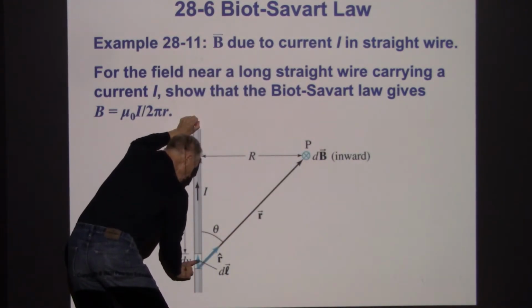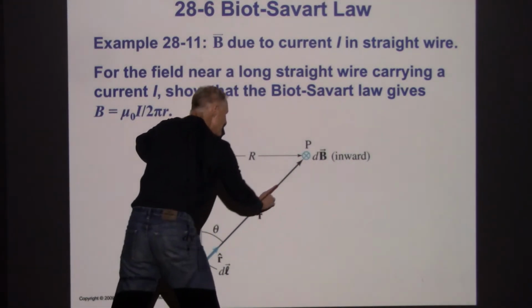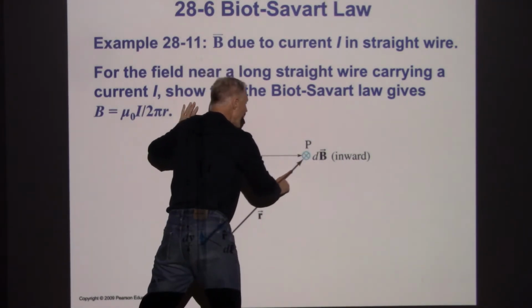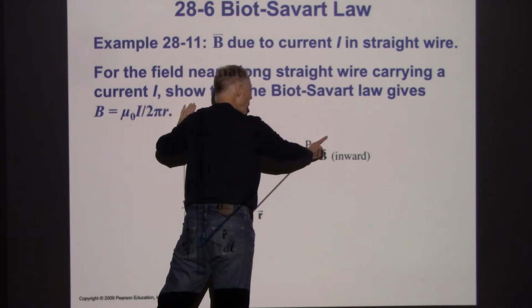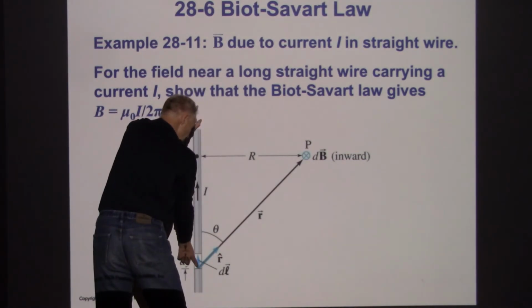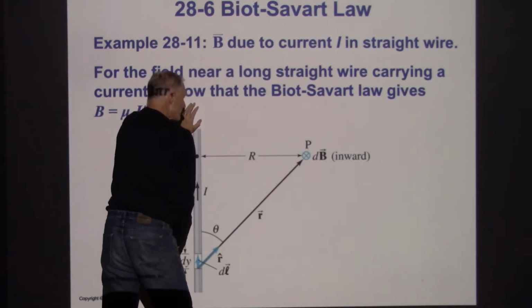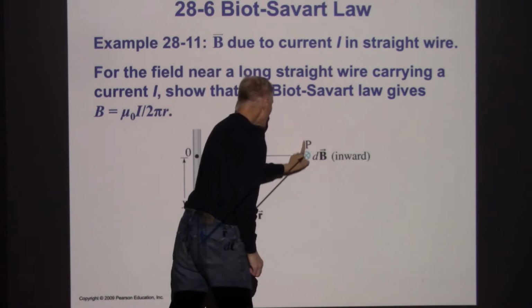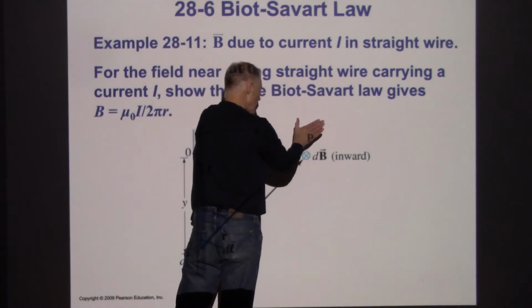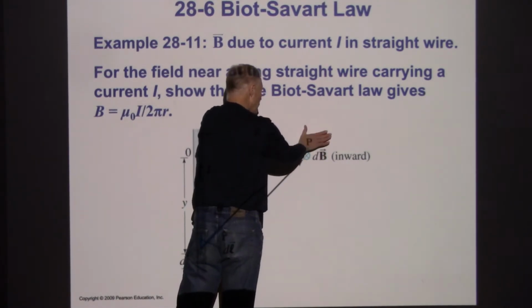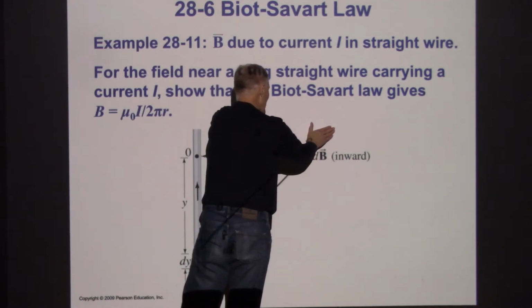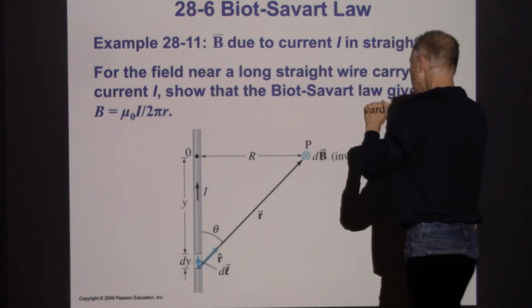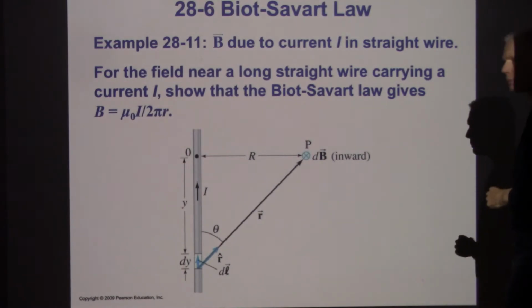So the charge is here. R takes us out to some point, and the unit vector is pointing away from the source, from the little bit of current. And then the velocity of that current is here, so I do a right-hand rule with velocity and radial direction, and that cross product says that the magnetic field will be inwards.